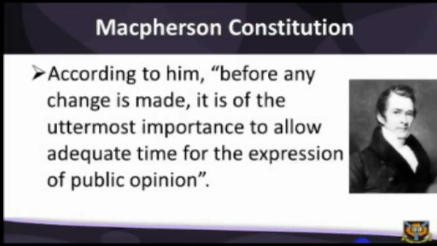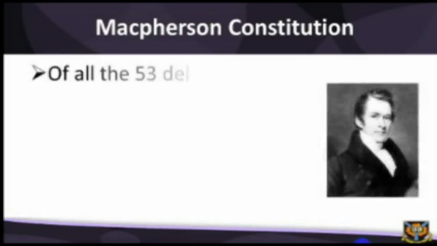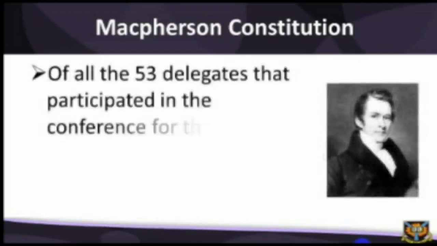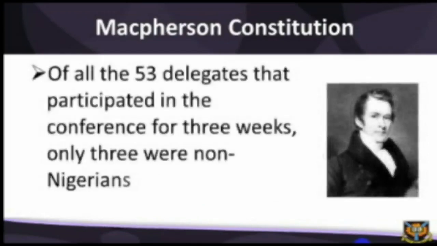expression of public opinion. The draft of the Constitution followed the given stages, and finally at the General Conference held in Ibadan in January 1950, of all the 53 delegates that participated in the conference for 3 weeks, only 3 were non-Nigerians.